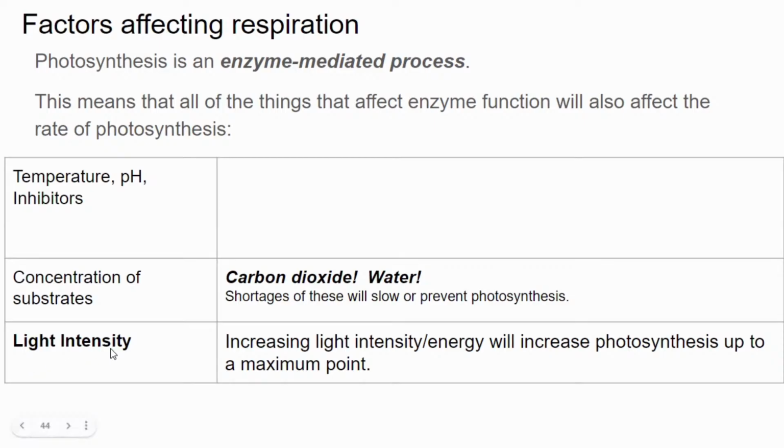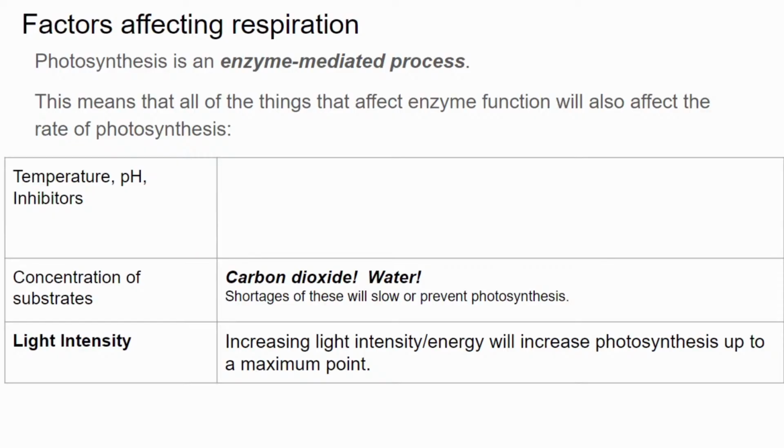The next one is light intensity. So we know that the process of photosynthesis requires energy from the sun to be absorbed by the chlorophyll pigments. If there is a low intensity of light coming from the sun, then there is going to be a low amount of energy absorbed by our chlorophyll.